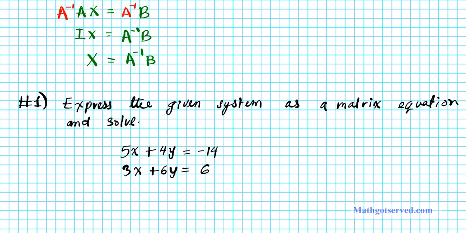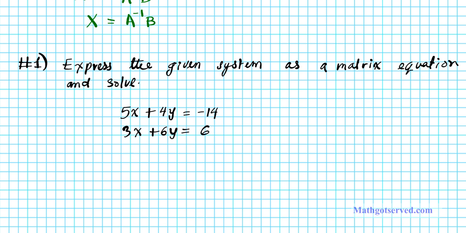Now, first thing we're going to do is express this system as a matrix equation. I'm going to extract all the coefficients and place them in a matrix. That will be matrix A, the coefficient matrix. So 5, 4, 3, 6 will formulate my coefficient matrix.